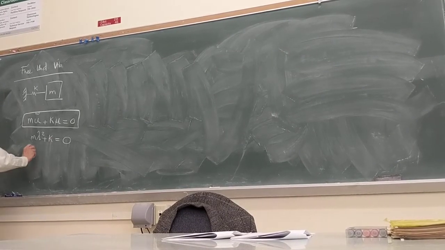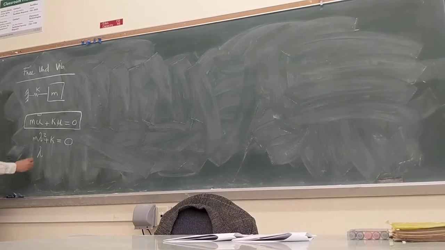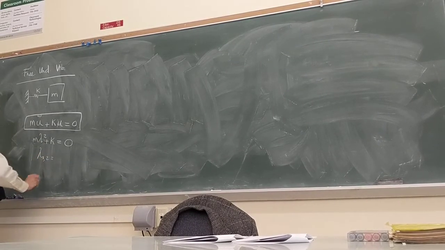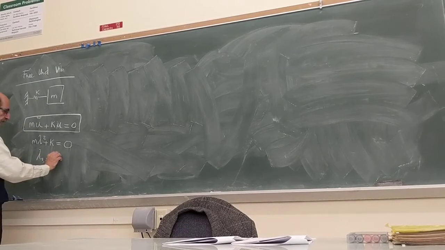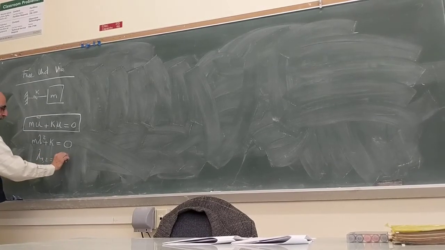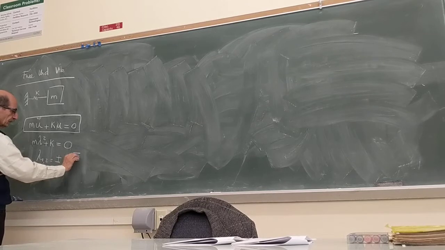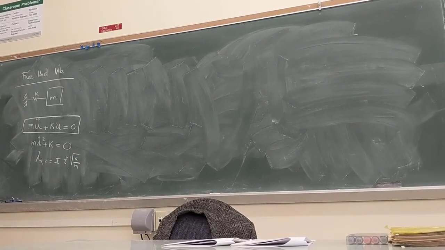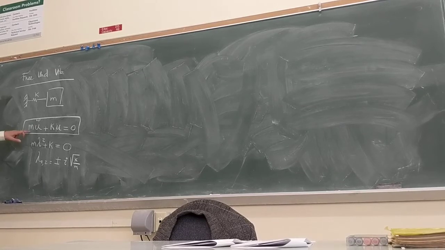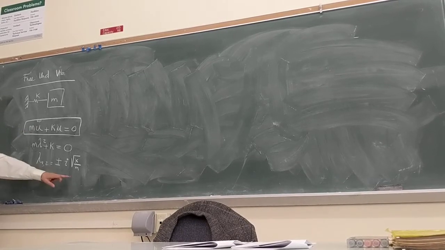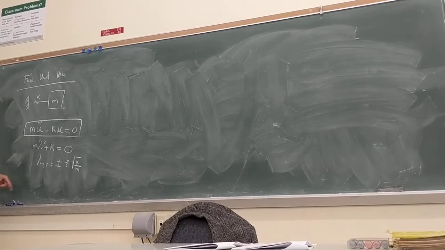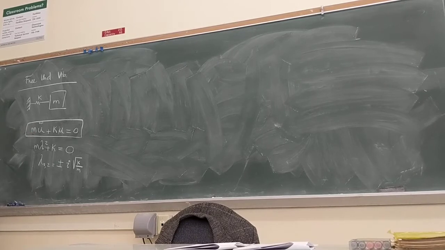And you find the roots of this characteristic equation, which would be lambda 1 and 2, which would be plus and minus i times the square root of k over m. Depending on how many roots your characteristic equation has, there would be as many solutions to this equation.